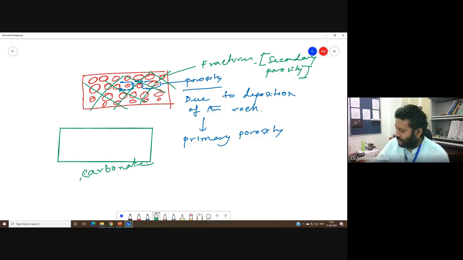In carbonate, we sometimes find leaching or karstification or formation of void, which are not related to the deposition of the carbonate, but they are imposed after deposition, post deposition phenomena.